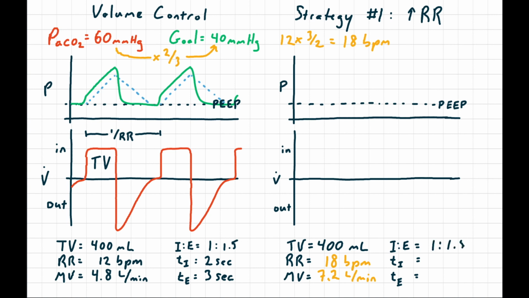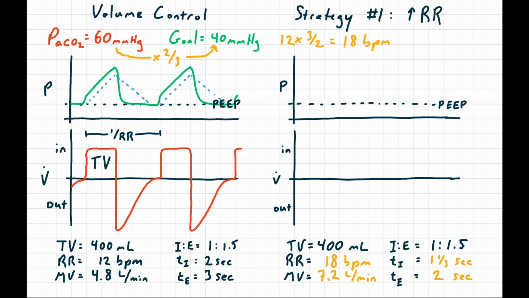But because our respiratory rate has increased to 18 breaths per minute, the respiratory cycle time has decreased to 3 1/3 seconds. So at an I/E ratio of 1 to 1.5, the inspiratory time will be 1 1/3 second, and the expiratory time will be 2 seconds. And those changes are purely a result of increasing the respiratory rate with a fixed I/E ratio.